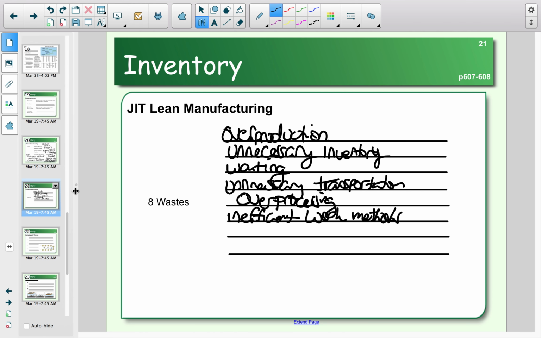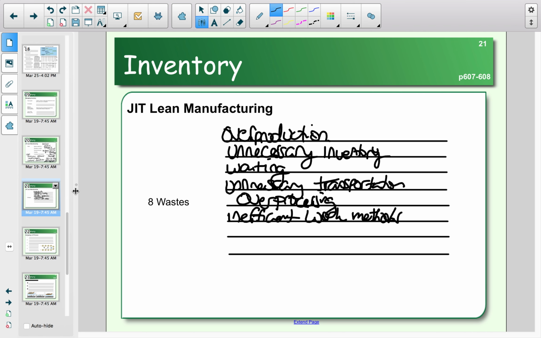For example, if we're making a Ford F-150, if we have to wait for chassis to be made because they're using inefficient work methods, that's causing waiting on the assembly end, which is going to cost us in terms of customer satisfaction.